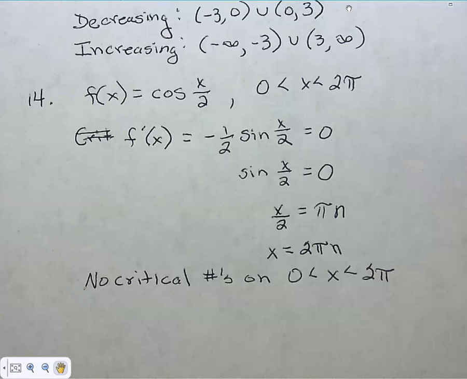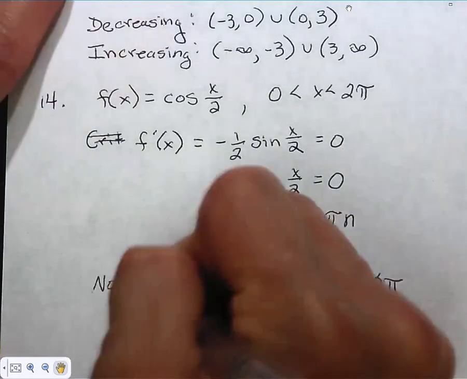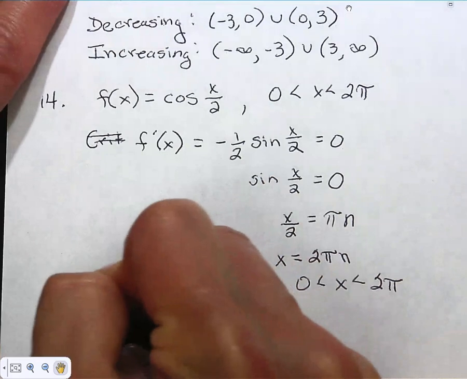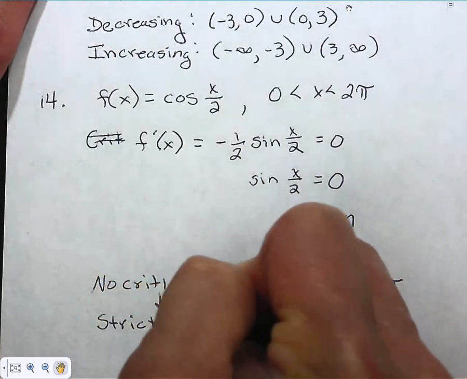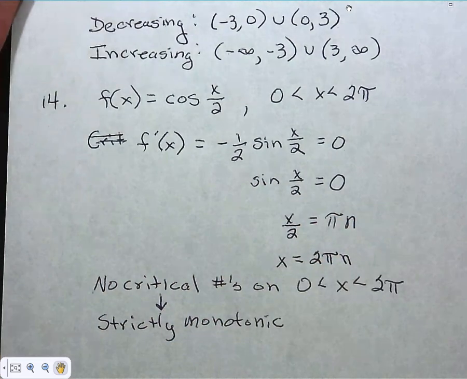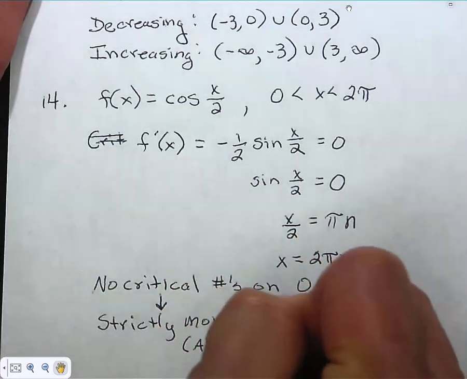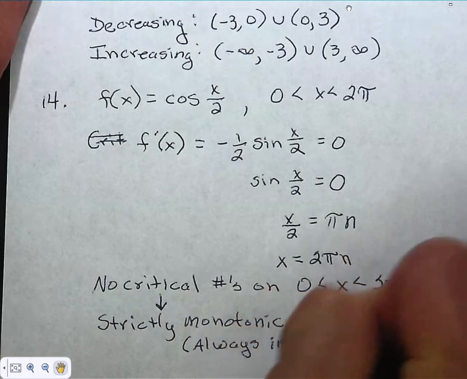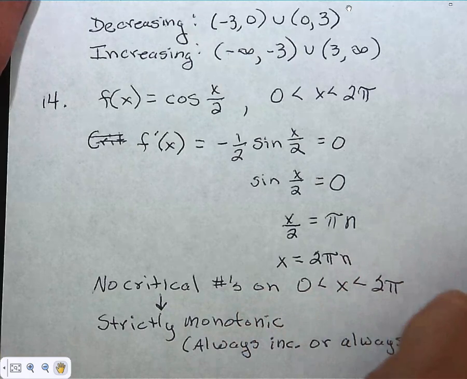So I'm just going to put that down in your notes just so you'll have it. No critical numbers means strictly monotonic. And that means always increasing or always decreasing.